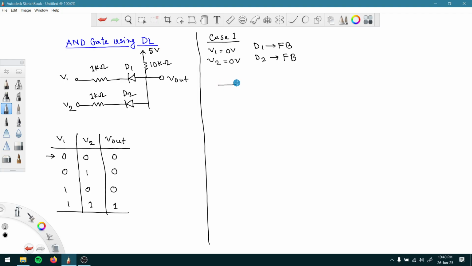We will see ground is connected here to represent the 0 voltage here, then we have this resistor here, another ground for the V2, and we are going to get this resistor, then D1 D2 both of them are actually forward biased. So that means we are going to see a condition like that.